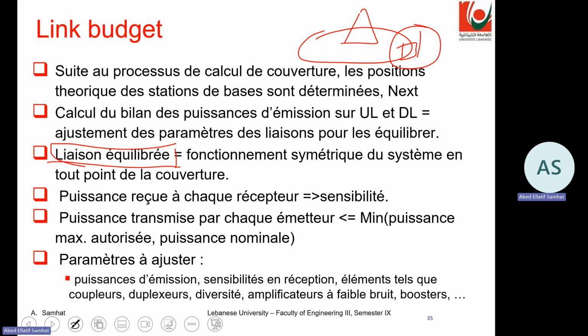We should be sure that the received power could be detected by the receiver on both sides, from the terminal at the user side, and from the base station at the base station side. So we have different parameters to be considered, like emitted power, sensitivity, coupler, duplexer, and so on.